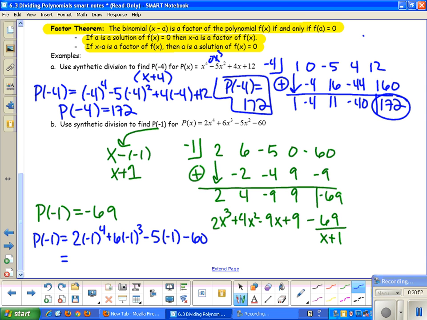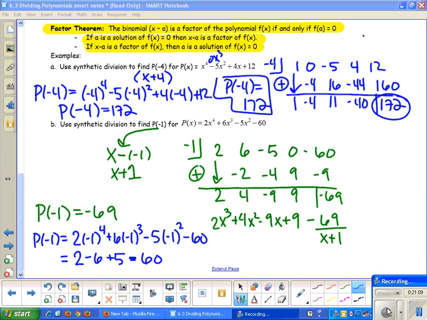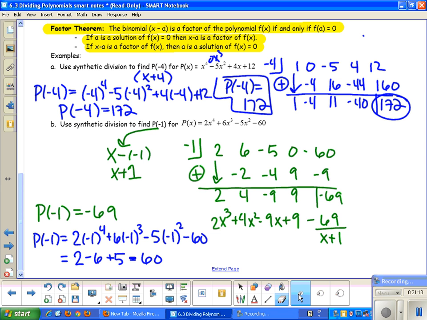So negative 1 to the fourth power would just be 1, so this is 2. Negative 1 to the third power would be negative 1, so minus 6. And then this is going to be plus 5, minus 60. Sorry, I forgot to square that negative 1, so this should be minus 5 right here.